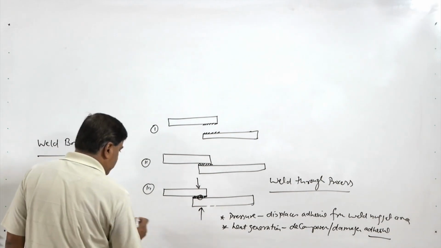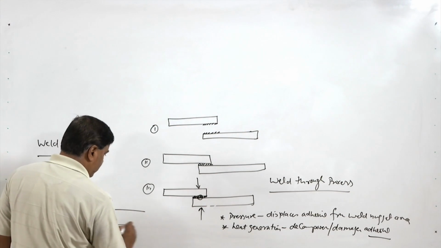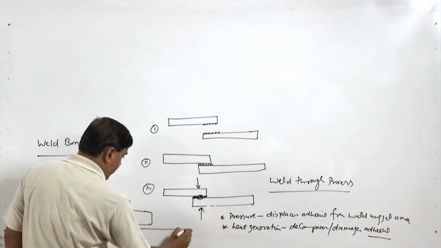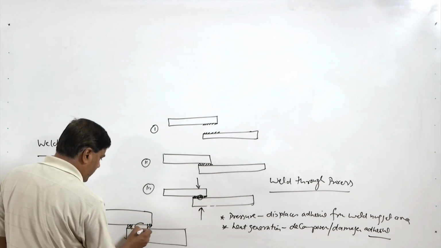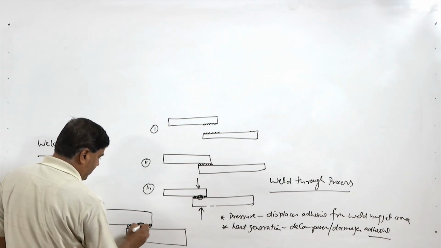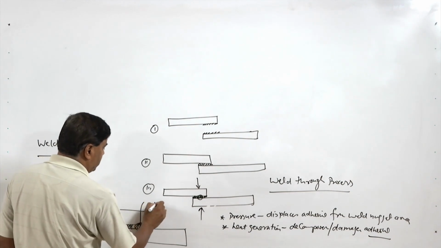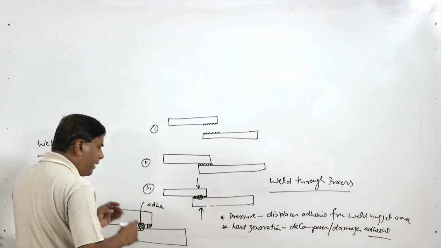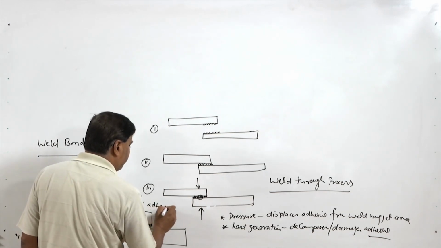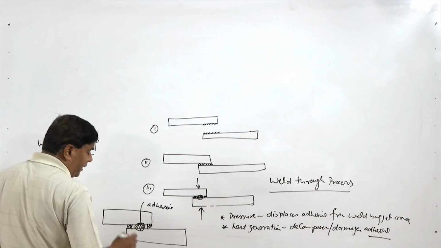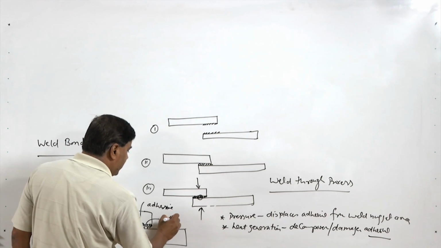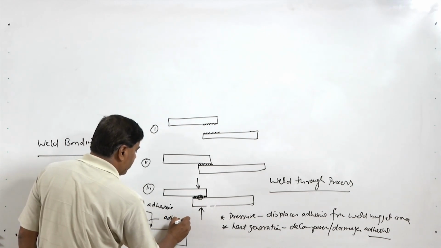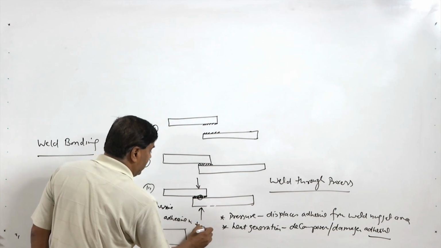There is a good possibility that the weld nugget may have these areas: one where the adhesive is providing the strength, two where we have the weld nugget, which may have the adhesive as inclusions, burnt adhesive in the form of inclusions and pores, and around that a region where the adhesive is in thermally damaged condition.